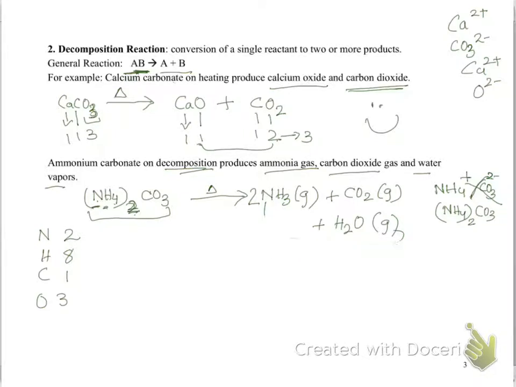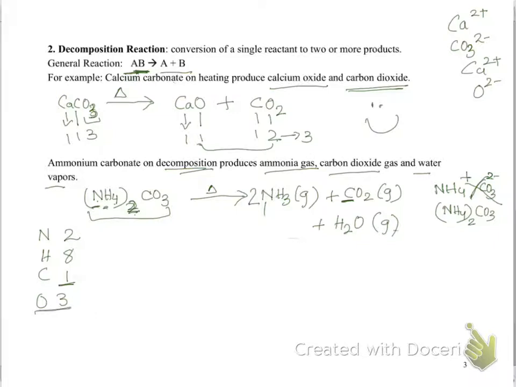Then let's pick another element. Let's pick carbon. I like to balance hydrogen and oxygen at the end. It makes it easier to balance. There is 1 carbon and there is 1 carbon here. So carbon is balanced.